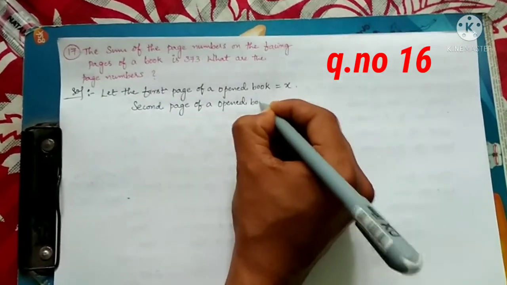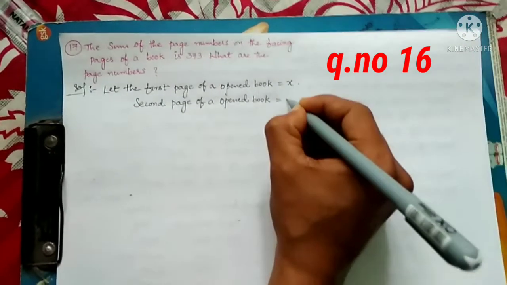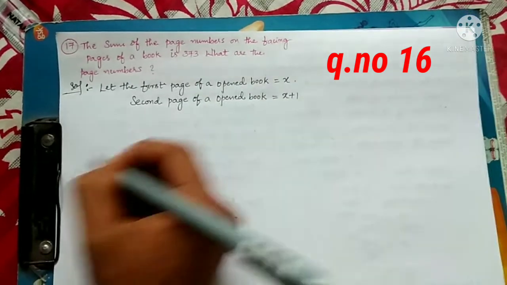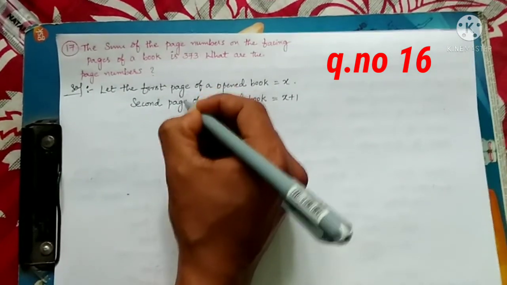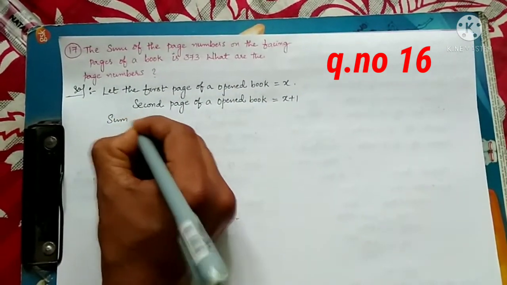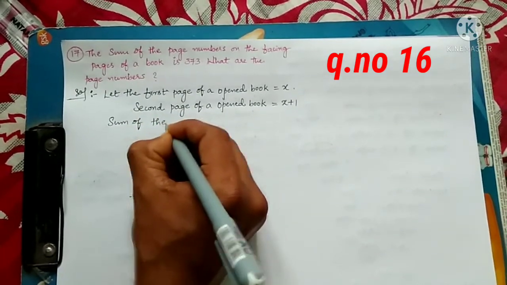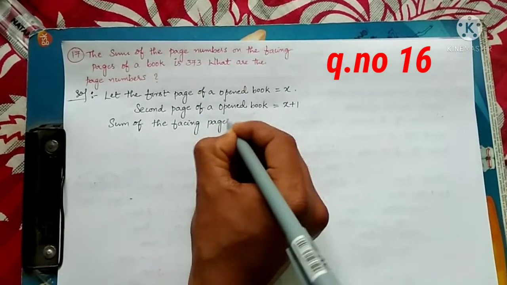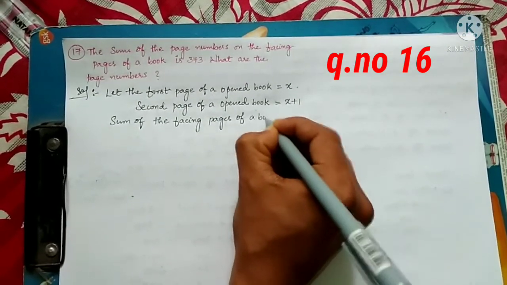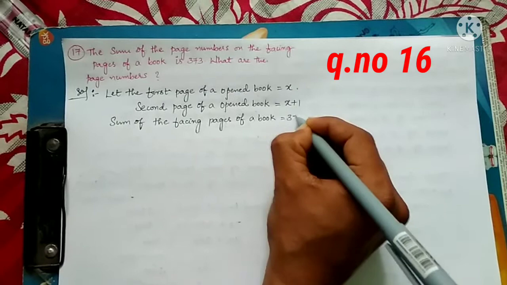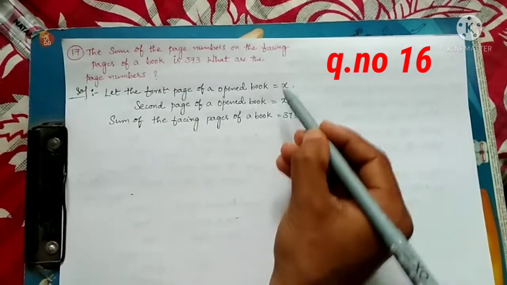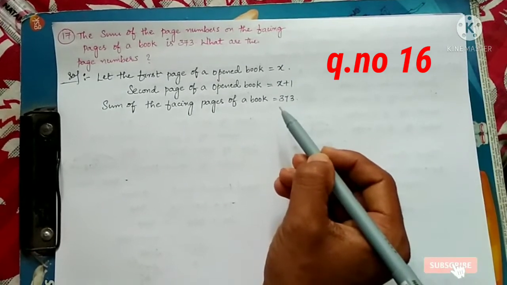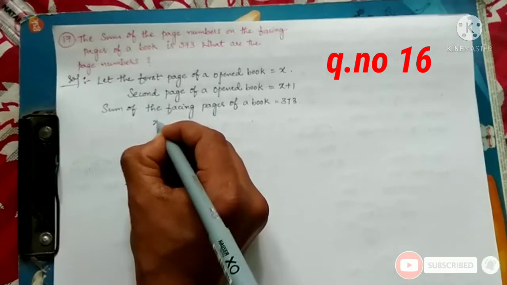It is x plus 1. If I add 1 to this page number, we get the second page number. And the sum of the facing pages of a book is given as 373. That means if I add these two page numbers, their sum is 373.